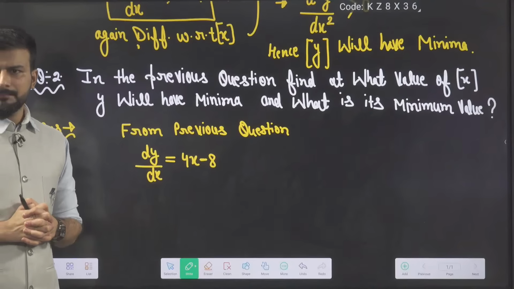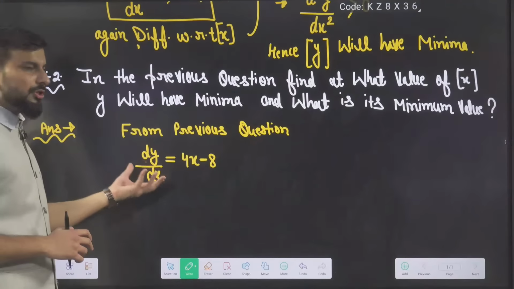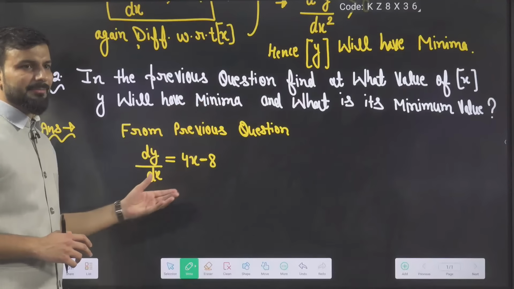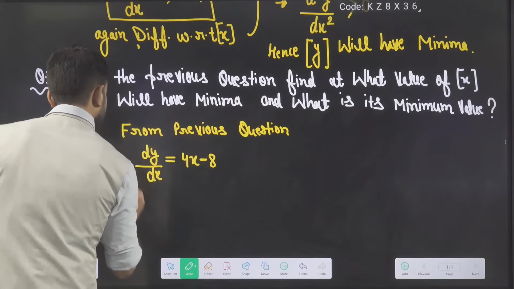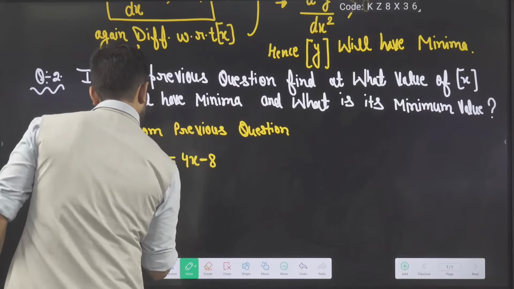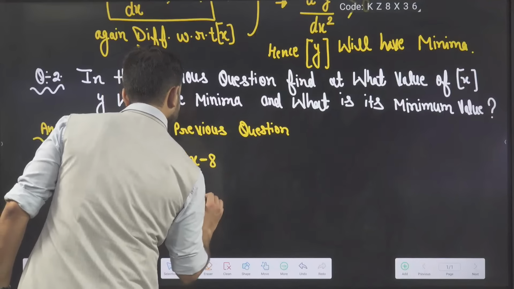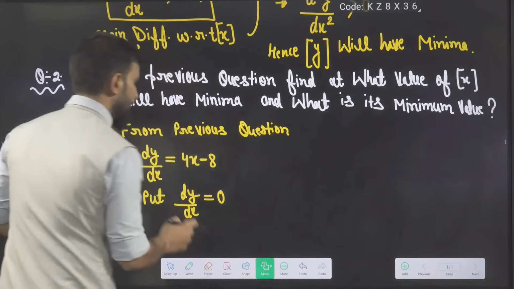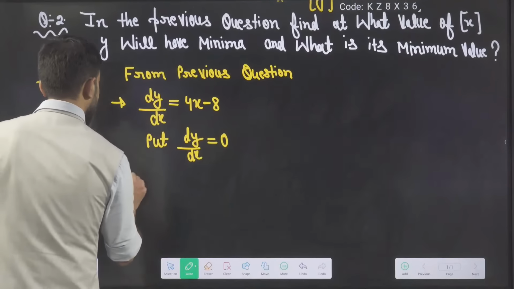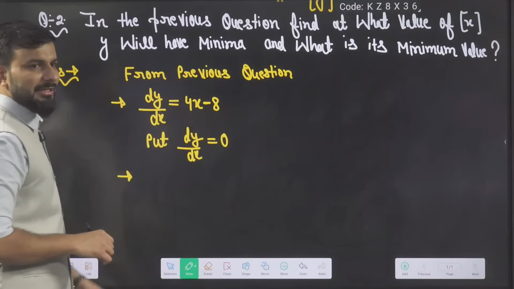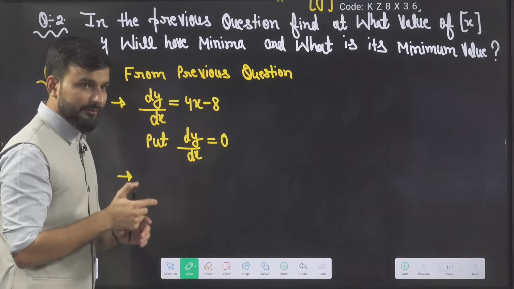Now, because I know that it will have minima, the next step was to put dy by dx equal to 0. Listen carefully.